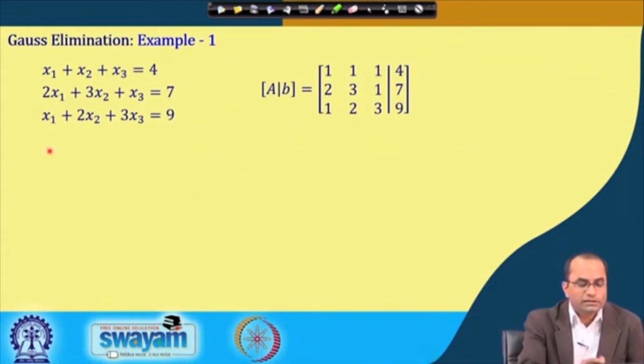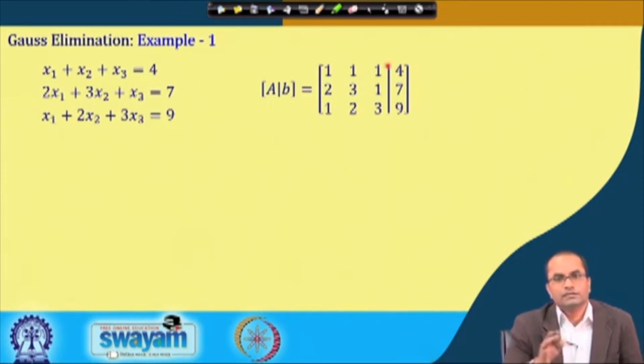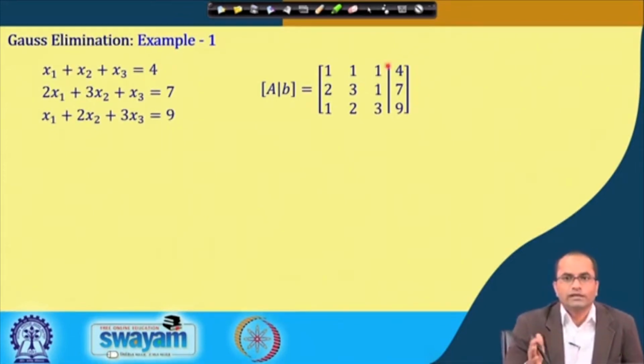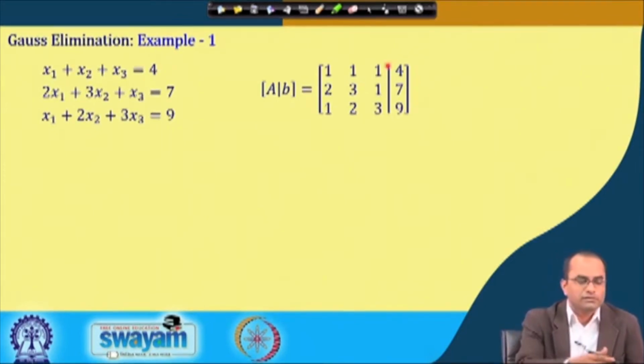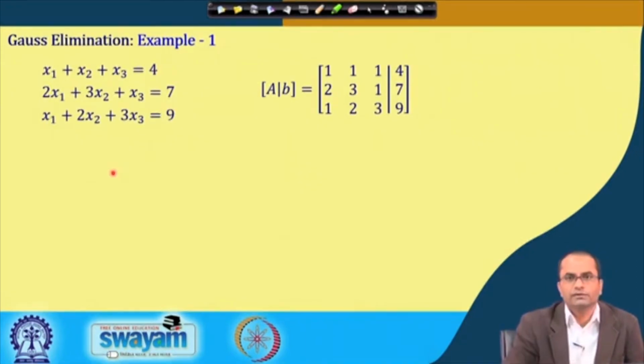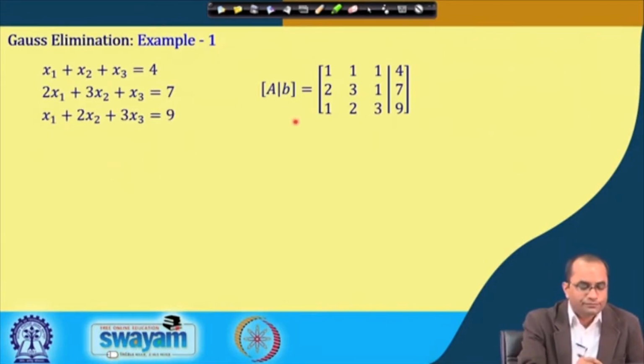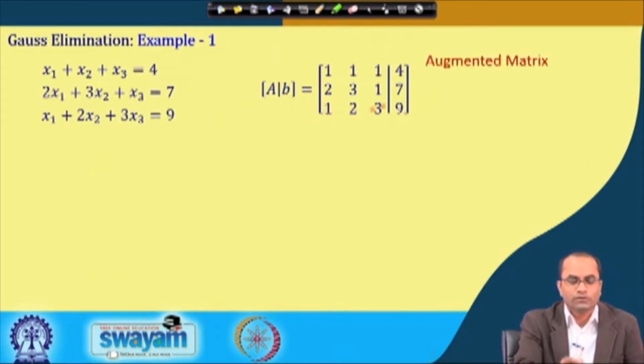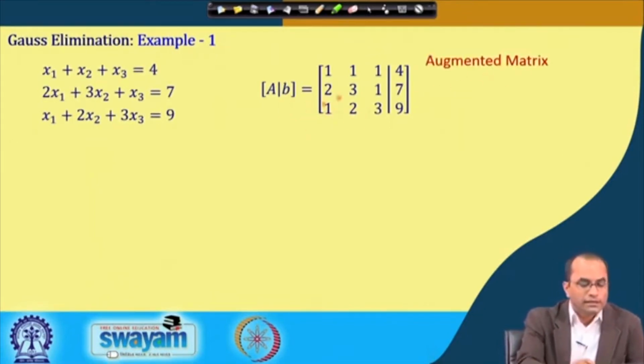So, it is easy to understand that Gauss elimination is nothing very complicated, but it is like eliminating the variables in a systematic fashion. The first step is to write this combined matrix, the so called augmented matrix, in this form.